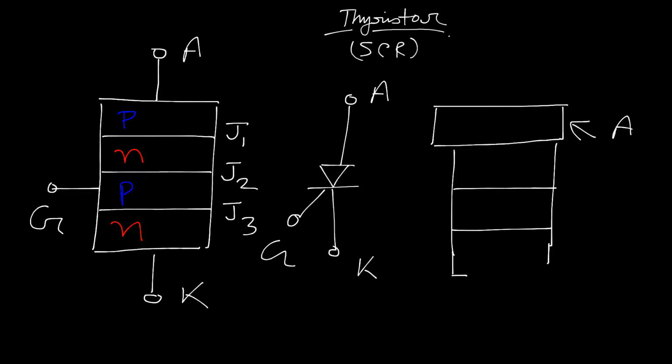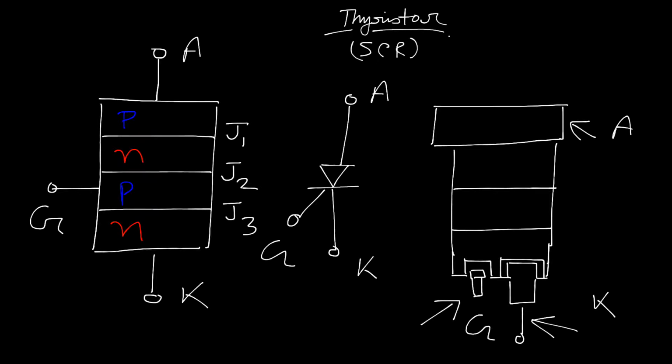Here the gate is applicable, and here the other thing is the cathode. So this is the cathode terminal and this is the gate terminal. We can understand that the cathode and gate are located nearby.